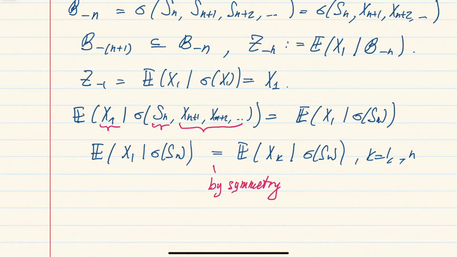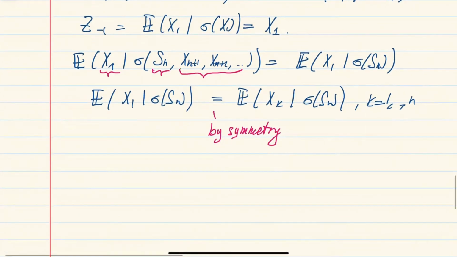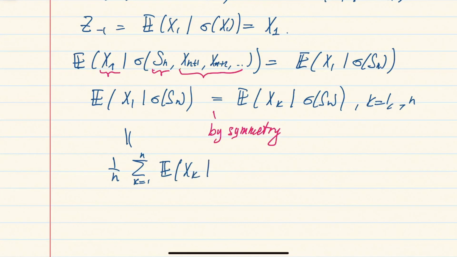But once you notice this, you can also write this conditional expectation as the average. Since they are all equal, it's also the average of all these conditional expectations indexed by k from 1 to n. And by linearity, you just get the conditional expectation of the sum divided by n.